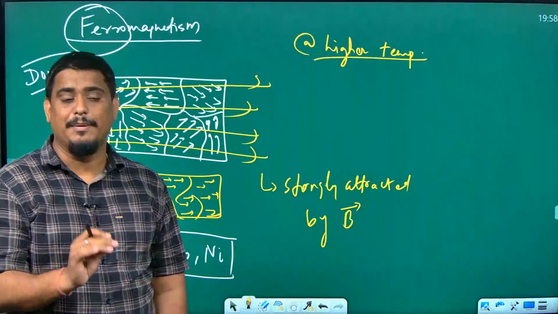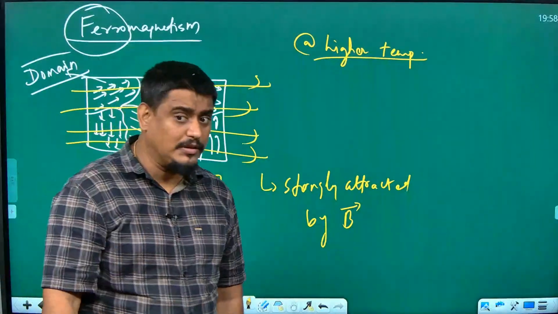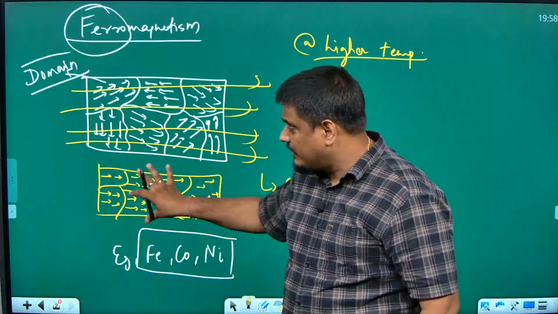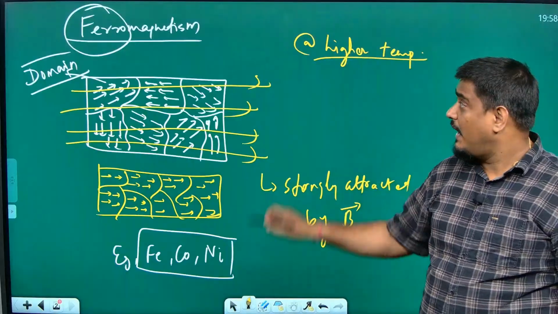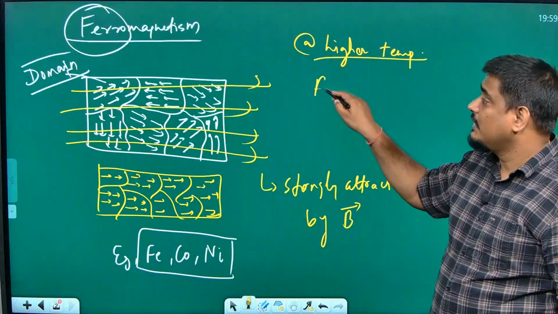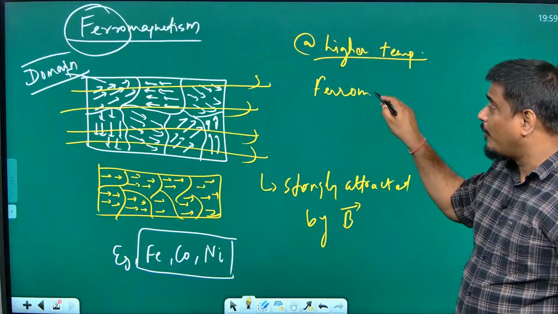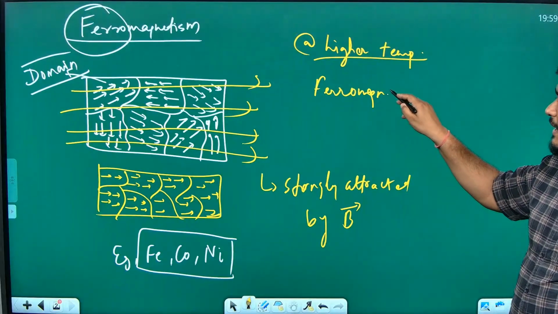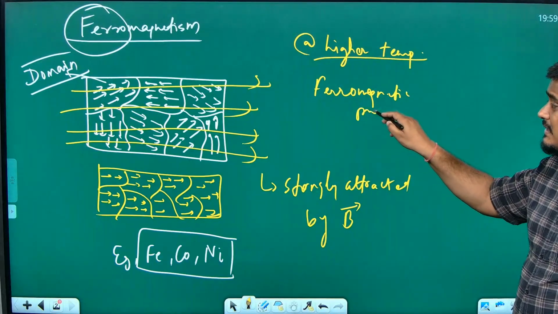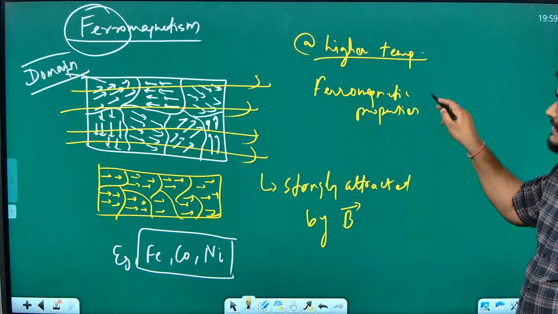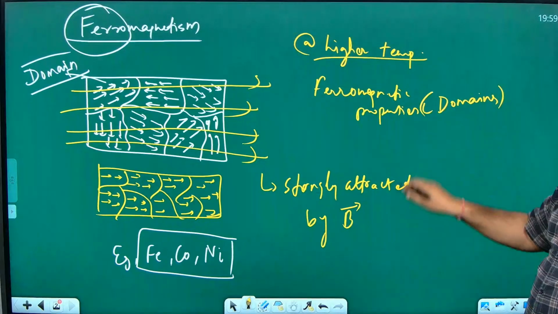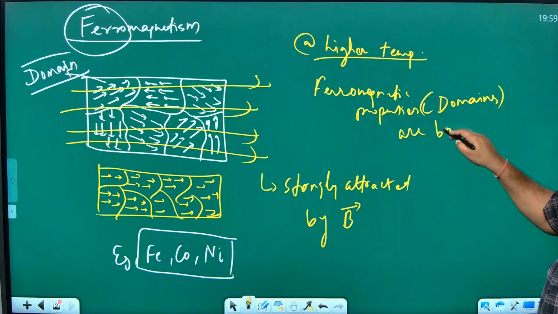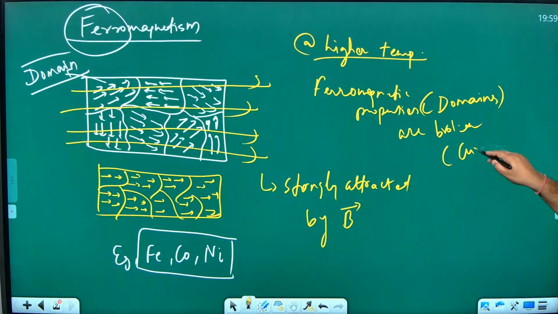At very high temperatures, suppose I am taking iron and subjecting it to very high temperatures, the ferromagnetic properties, that means the domains, are broken. This temperature is called Curie's temperature.